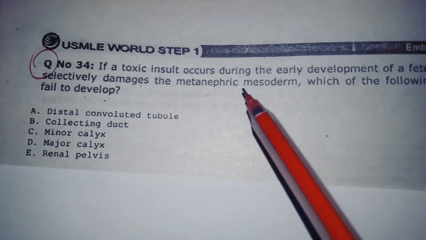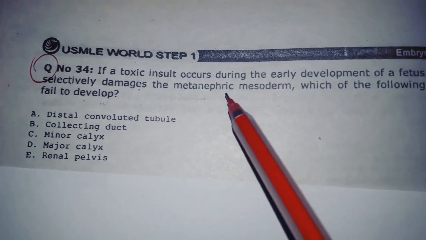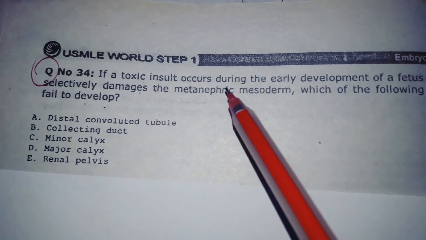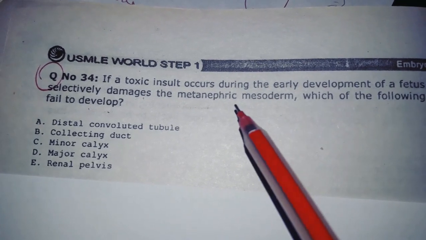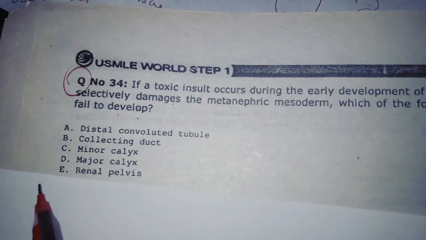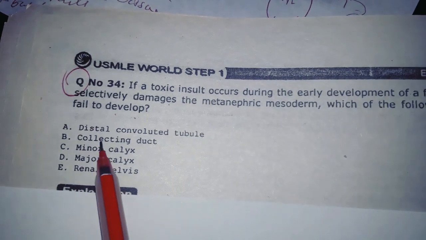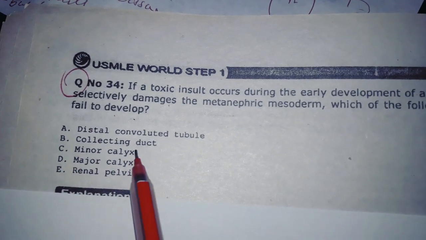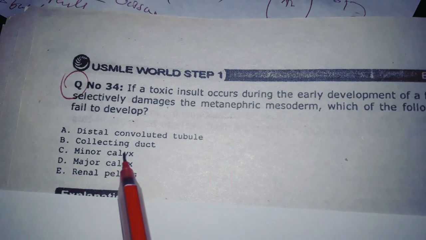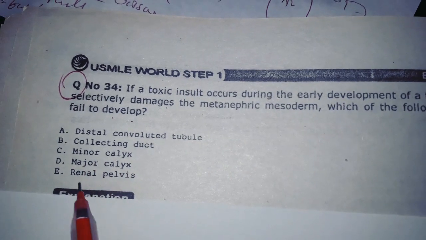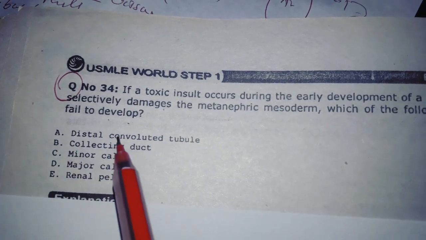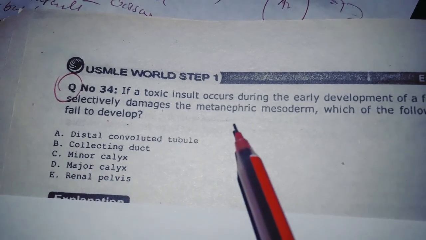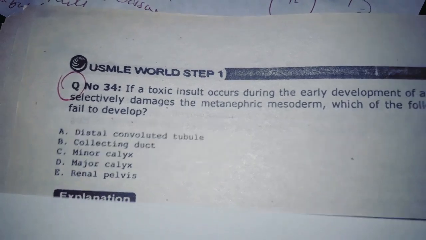The derivatives of the metanephric mesoderm are the nephron, Bowman capsule, proximal convoluted tubule, loop of Henle, distal convoluted tubule, and collecting tubules. Now let's find the answer. Distal convoluted tubules, collecting ducts, minor and major calyces, and renal pelvises. Which one is a part of the nephron? That is the distal convoluted tubules. So the answer will most probably be A.